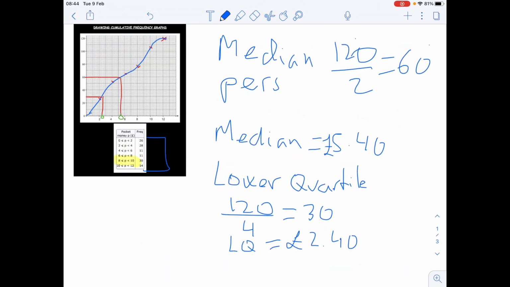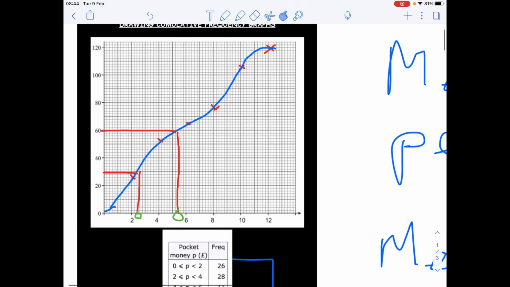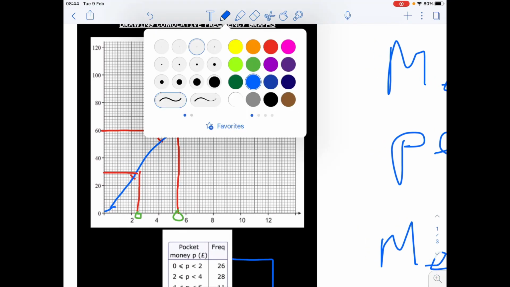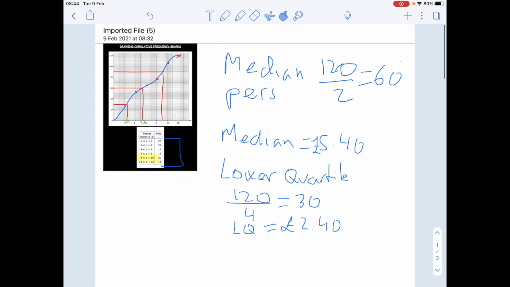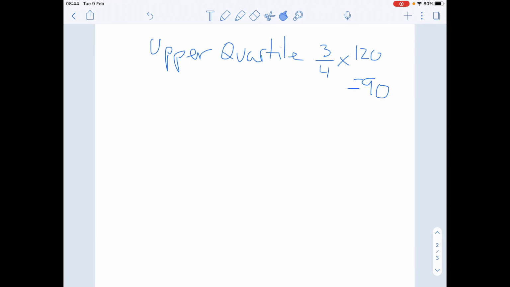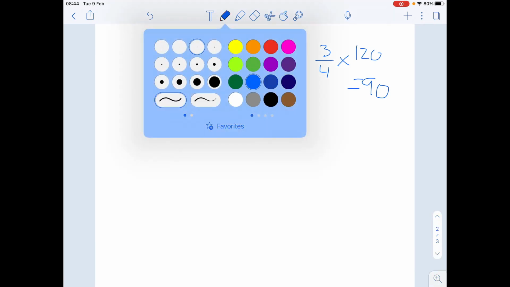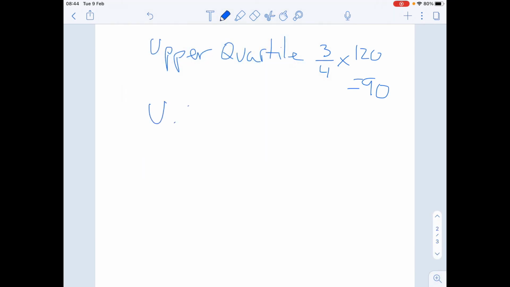So on my graph again, I'm going to go up to 90, across. You're going to do it with a ruler in the exam, properly, and I get 9. So the upper quartile, which I'm going to call UQ, is £9. There you go.